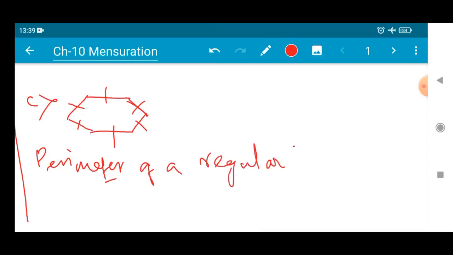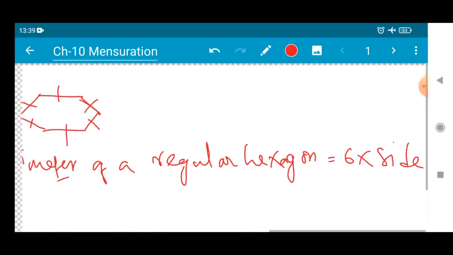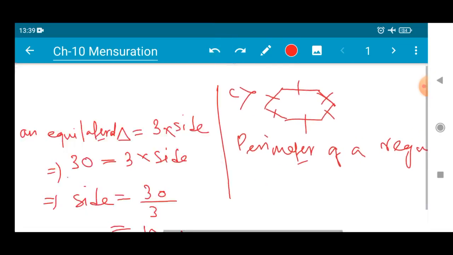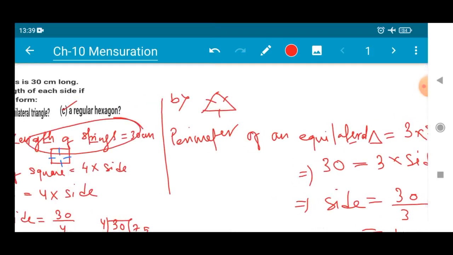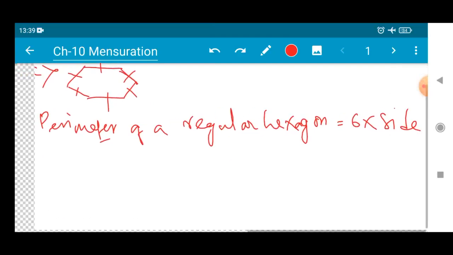Perimeter of a regular hexagon is equal to 6 into side, because a regular hexagon has got 6 sides, but all the sides are similar. We know the perimeter of the regular hexagon, which is the length of the string used to form it, right?